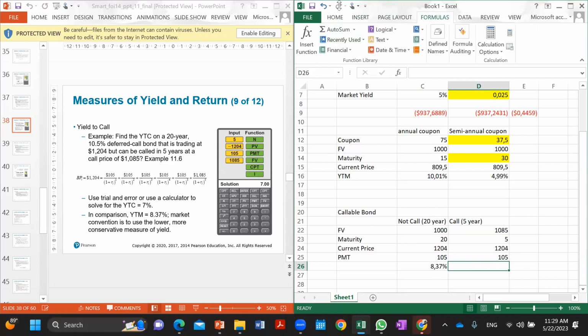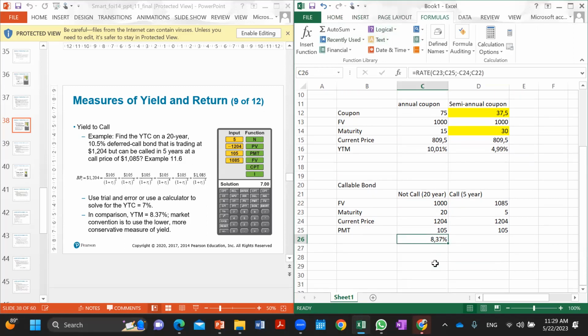This one is different from the yield to maturity. For yield to maturity, we assume that we are going to hold this bond until maturity. We receive all the coupon payments and the face value at maturity.